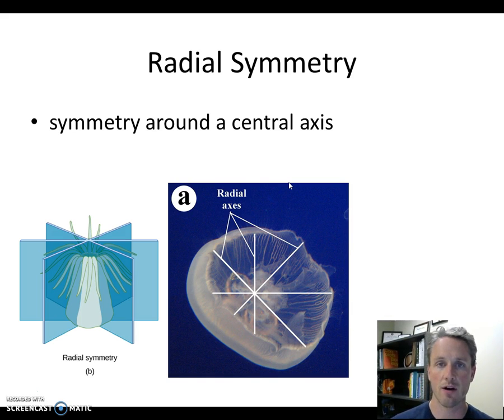So if there are multiple ways to cut an object in half and result in mirror images, that object is radially symmetric. Another great real-world example of radial symmetry is a pizza. If you cut a pizza right down the middle, you get two mirror image halves. And that's what radially symmetric animals are like.